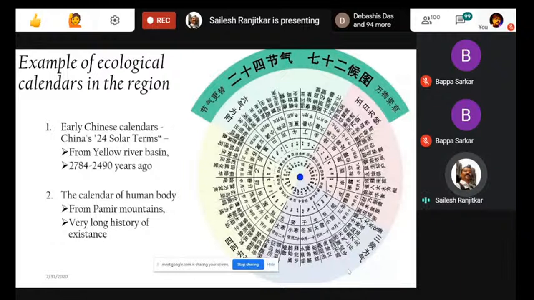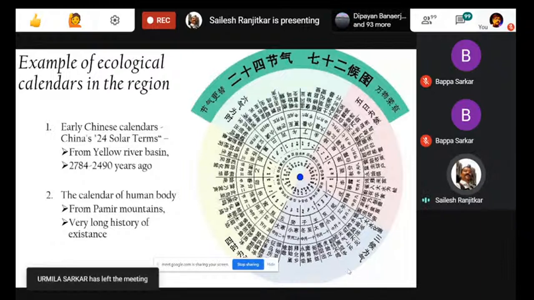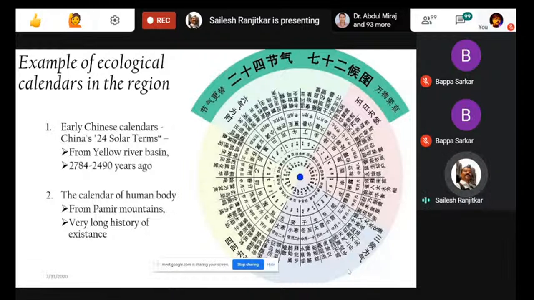There is a system of keeping this kind of schedule, which is documented formally around 2,700 years ago in the Yellow River Basin, which is very popularly called the 24 solar terms, as UNESCO already listed it in the World Cultural Heritage, I should say. So this 24 solar terms, the early Chinese calendar, is one example.